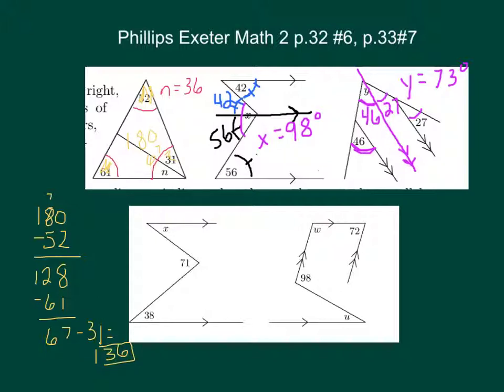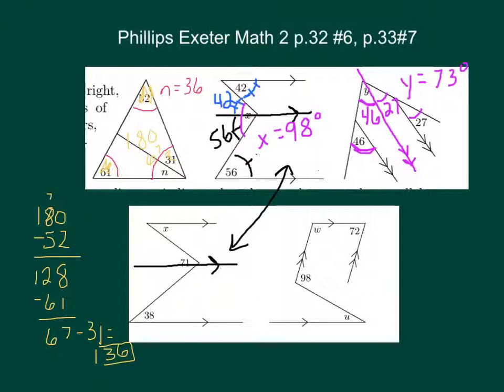Let's look at page 33, number 7. To do this one, the first one on page 33, on the left here, I use the same idea as we used right here. So what I did here is I drew a parallel line through the 71.